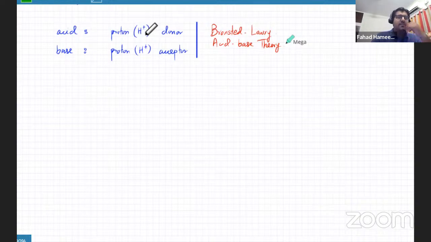Why is it so important that we need to know who's giving off H+1 ions and who's accepting H+1? Why not any other ion? Why do we have a separate chapter for that? Why not somebody losing chlorine ions, somebody accepting chloride ions? Why is this H+1 so important?